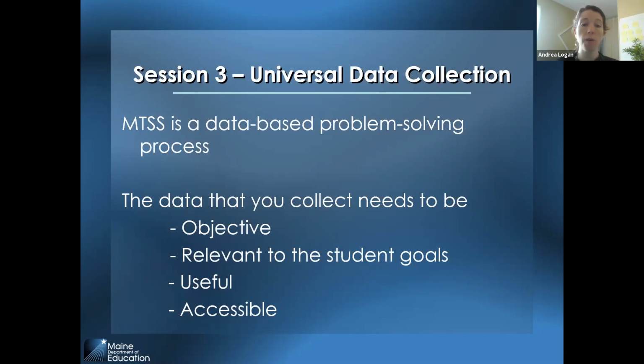Okay, so those are the 4 primary criteria that you want to make sure you are looking at as you are collecting data points in your school, for your small groups, for your one-on-one students, and the like.